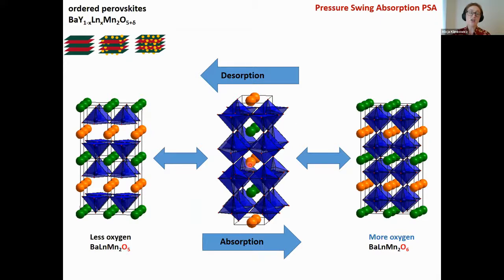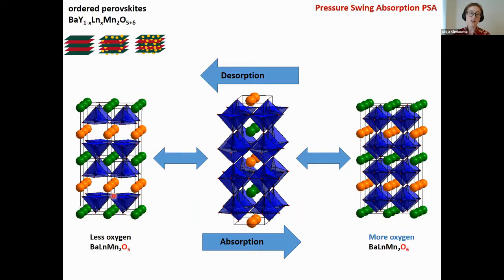And here is the crystal structure of this double perovskite. As I showed you in the schematic view, this is the reduced material, and you can see there are vacancies in which oxygen can be absorbed.